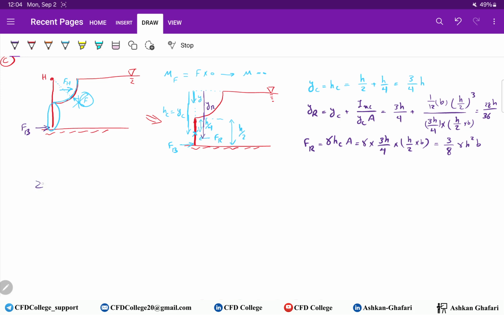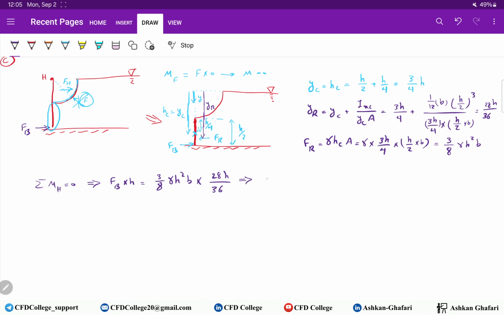And now we can solve the moment equation. The summation of moments should be 0. So FB times H equals FR, 3 over 8 gamma H square B, times YR, which is 28H divided by 36.